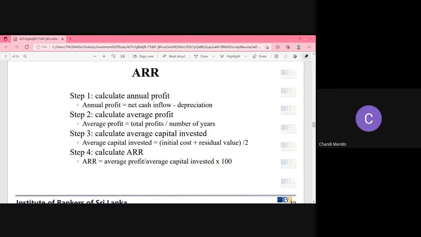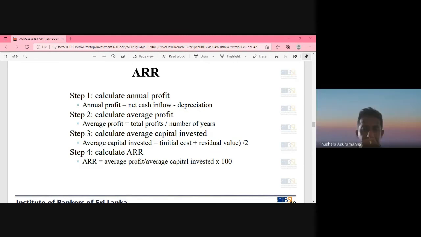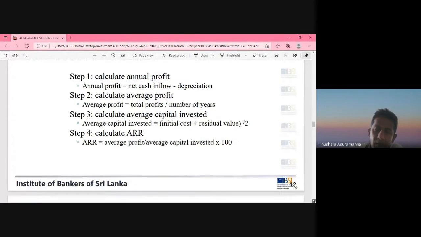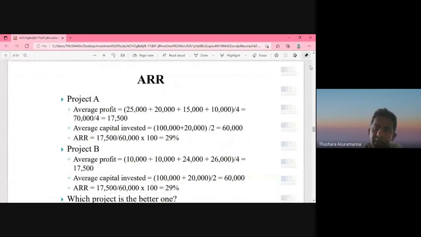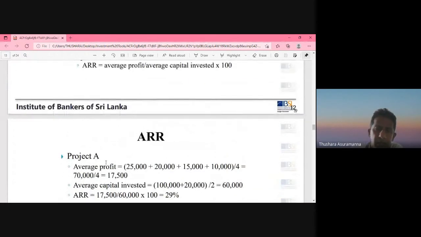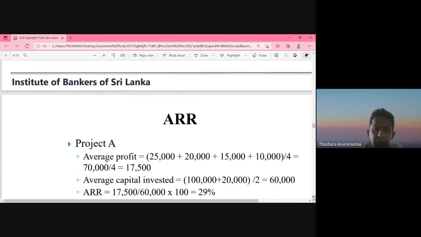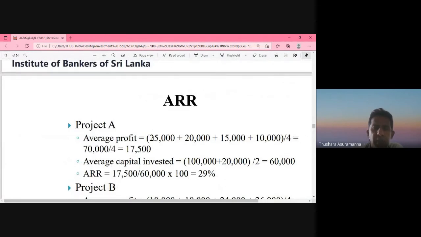So is it 29%? Right, correct. Is everybody getting the 29%? See whether you're getting it. 25 year 1, year 2, year 3, year 4, divided by 4, step 2, 17,500.